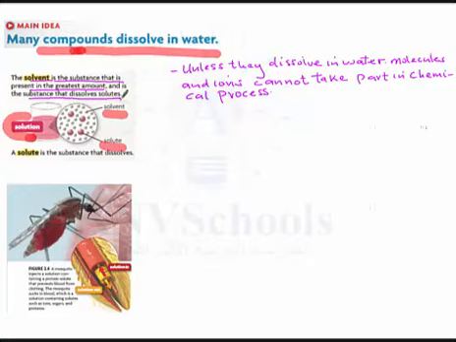So if we have water and salt, then water is the solvent. A solute is the substance that dissolves. In our case, salt will be the solute.